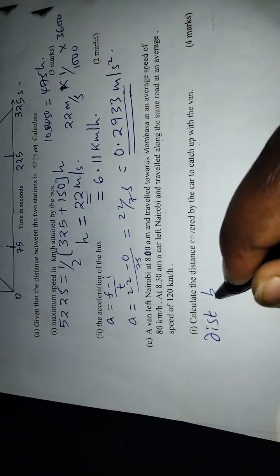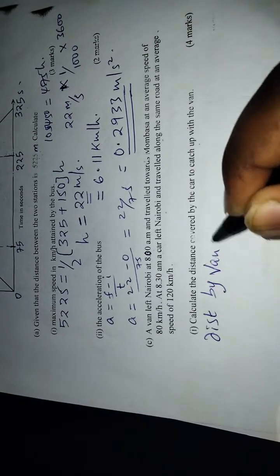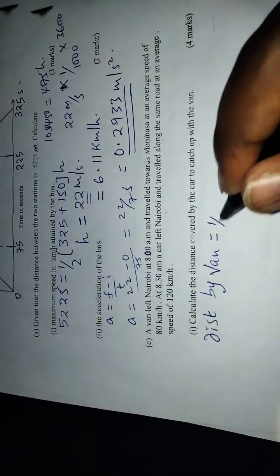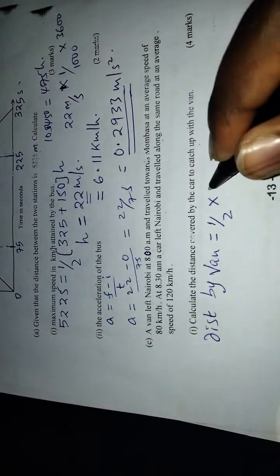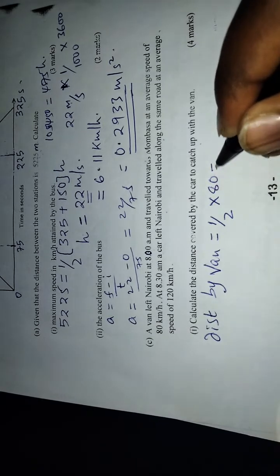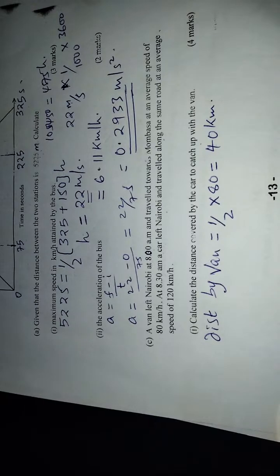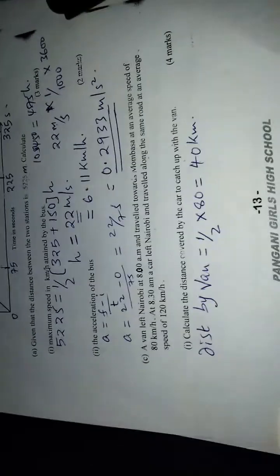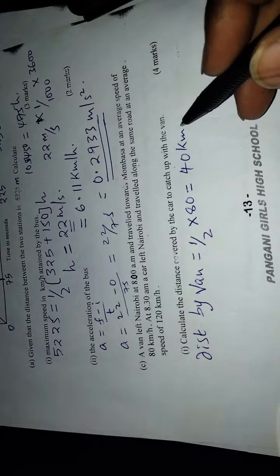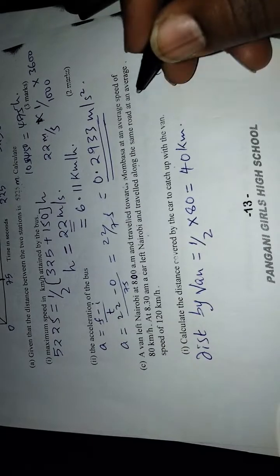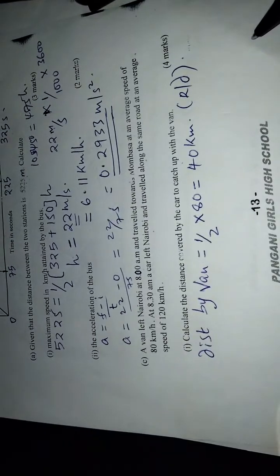So distance covered by van just before the car began will be time times speed: half an hour at a speed of 80 kilometers per hour, giving us 40 kilometers. So the van is already 40 kilometers away. It is this distance which we call relative distance, 40 kilometers.